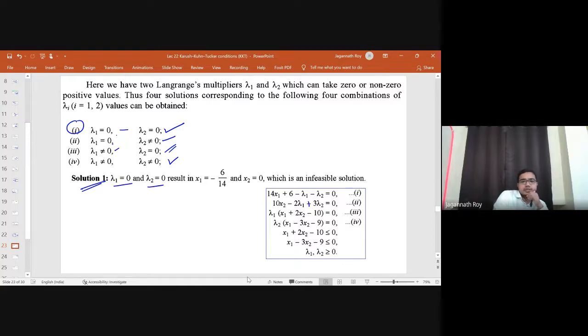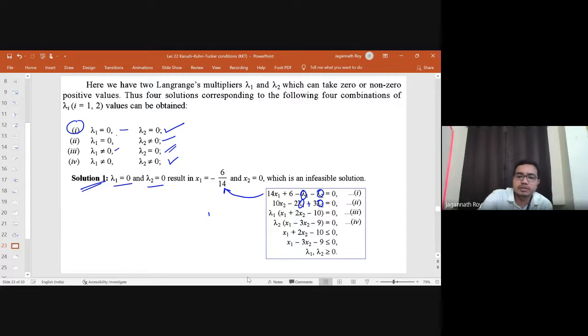this would be solution 1, lambda 1 and lambda 2 are 0. Then if you just put 0, 0 here, this is going to be x1 equals to 6 by 14, minus 6 by 14.